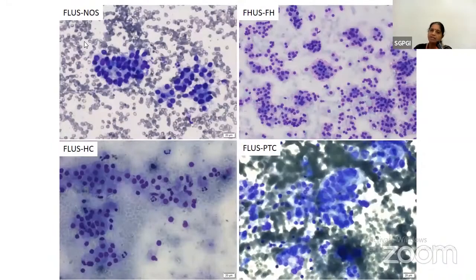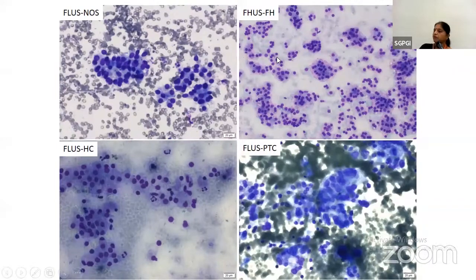And then I still like this FLUS. Why do you want to call it AUS, architectural atypia? I know that the Bethesda has gone and made this change, but personally, our clinicians and even I personally like FLUS. It's a follicular lesion. Of course, you can have a differential diagnosis. This is what we would call FLUS.